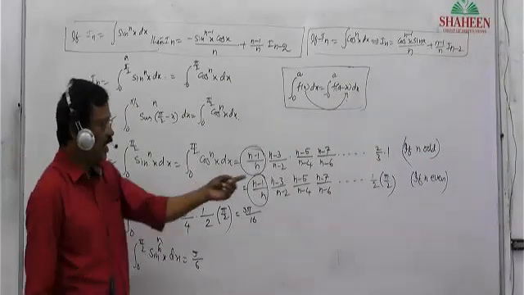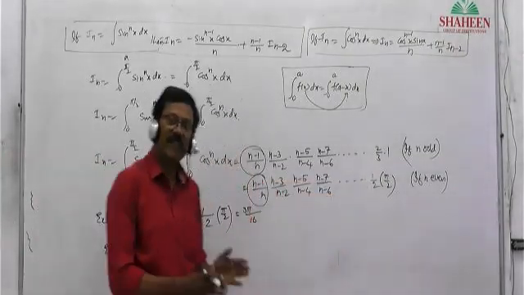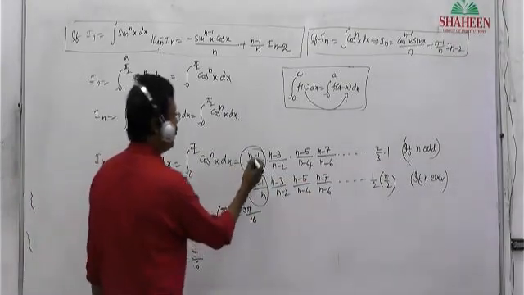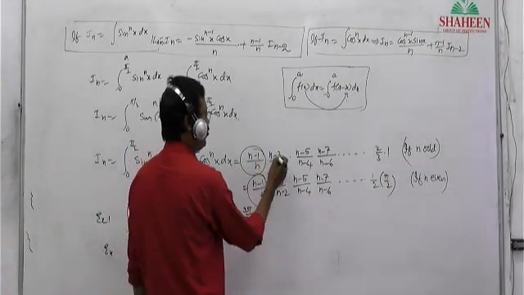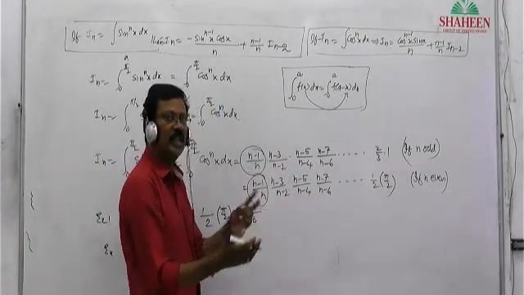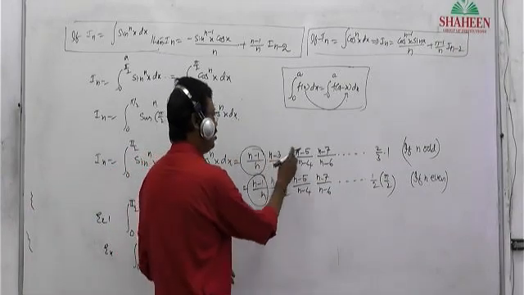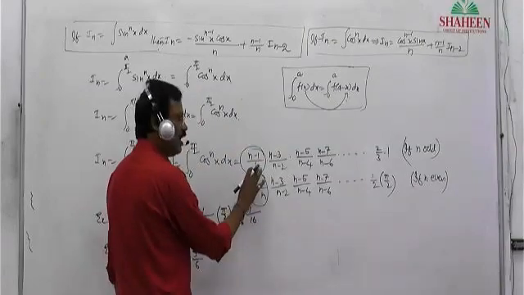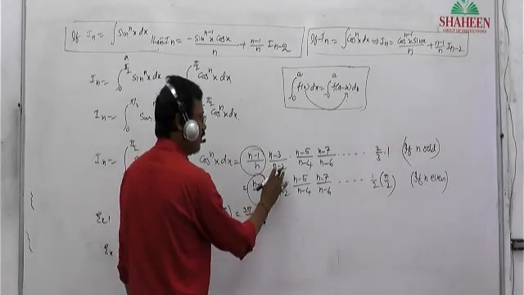Now, what is the last number? Last number, definitely you will get 1 by 2. Let us see. There is a 2 difference. n minus 1, n minus 3, how much difference? 2 difference. n minus 3, n minus 5, 2 difference. Denominator also 2 difference, 2 difference.